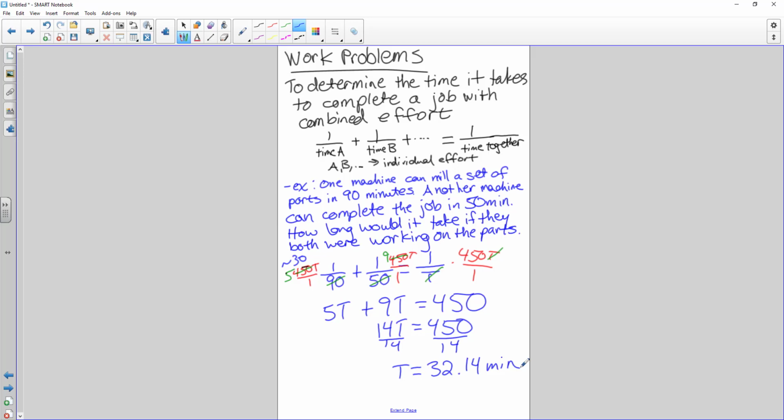Okay, so the reason this works out is it's like an inverse fraction, because the time is also doing an inverse reaction. As you have more things working on a job, it should take less time.